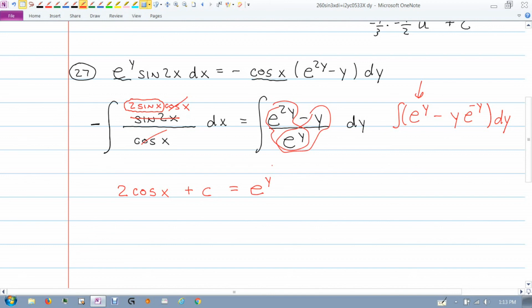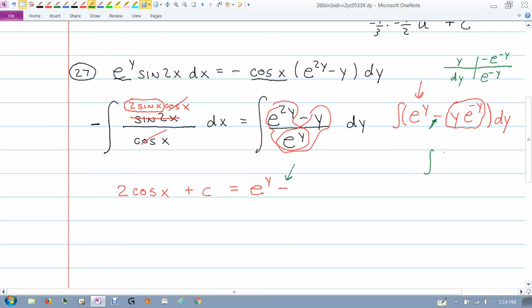And then the other one, I have minus, and now I need to take the antiderivative of this, and that's going to be a little bit of integration by parts. So I'm going to have y here, e to the negative y here, this is going to be negative e to the negative y here, this is going to be dy. So if I'm integrating, and I'm ignoring this minus sign here, that's already written down right here.